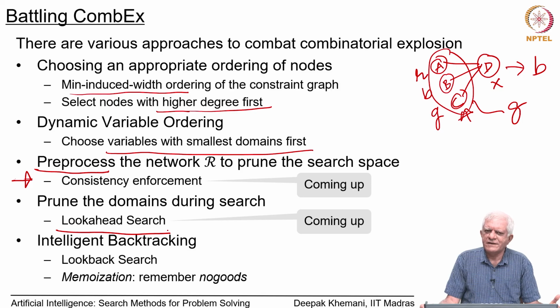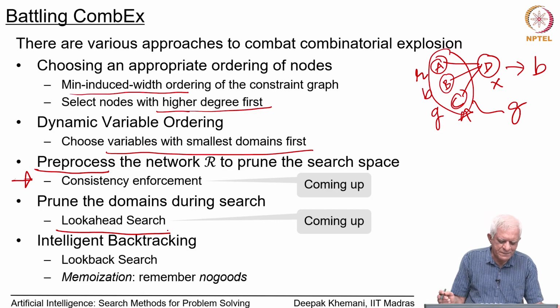But that may not be very effective, and the reason for that could be that the inconsistency for the ith node is not caused by the I minus first node, but by a node which came much earlier essentially. So, intelligent backtracking would say okay, go back and change the value of that node. We will not have time to go through this in this course, but we will again come back to this and make a passing mention of that.